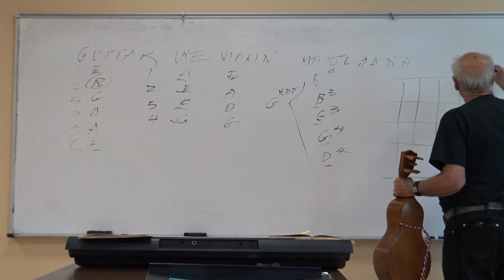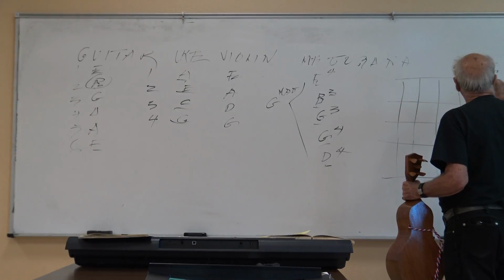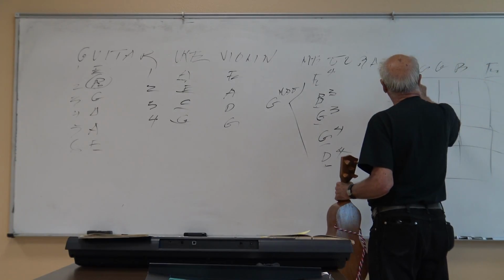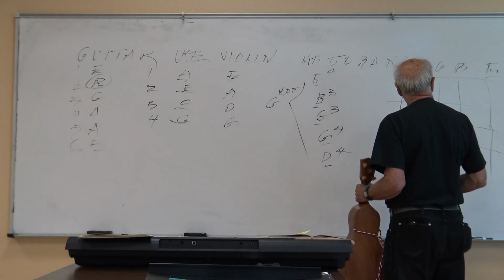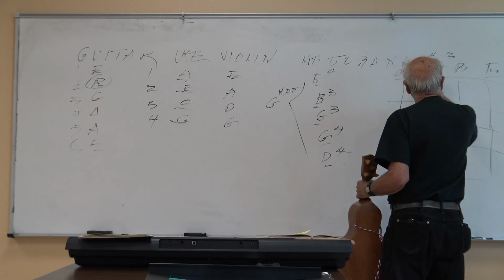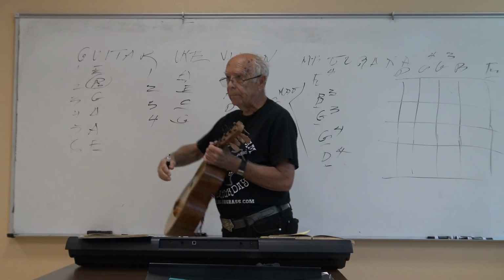So this is an E, this is a B, G, D. G here, G3, and G4. So middle C is in the middle there.